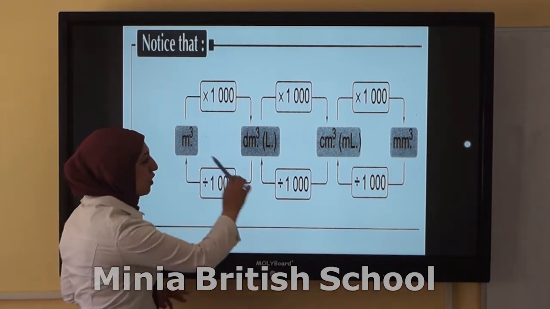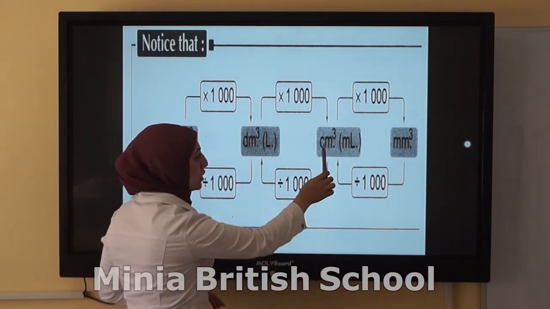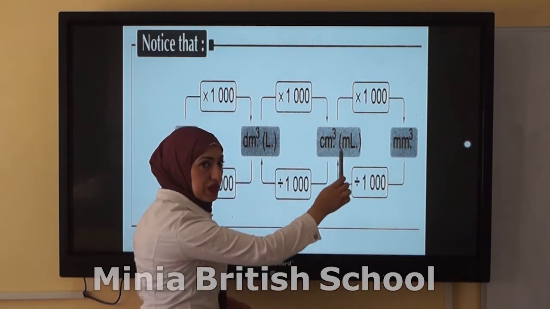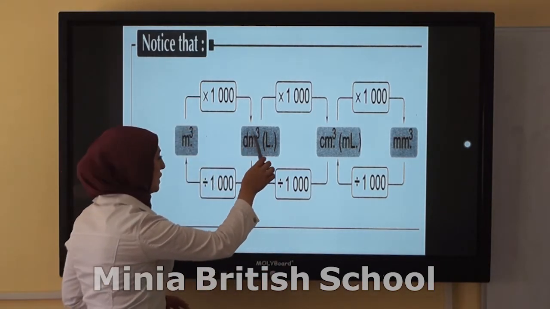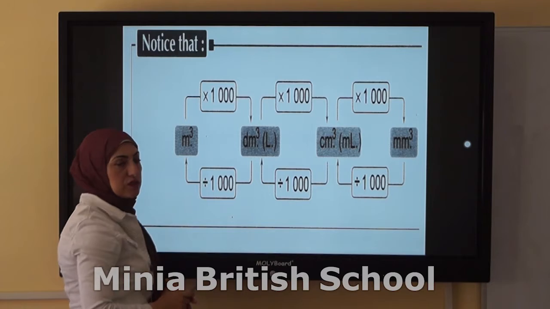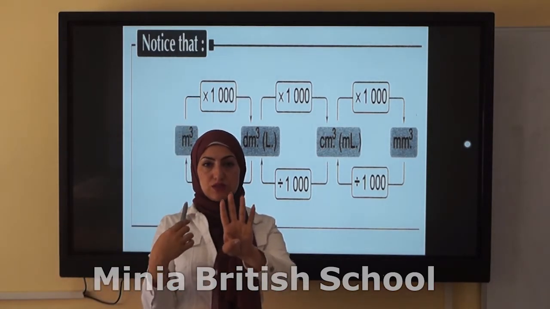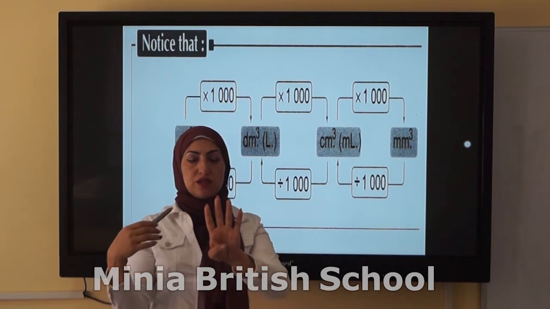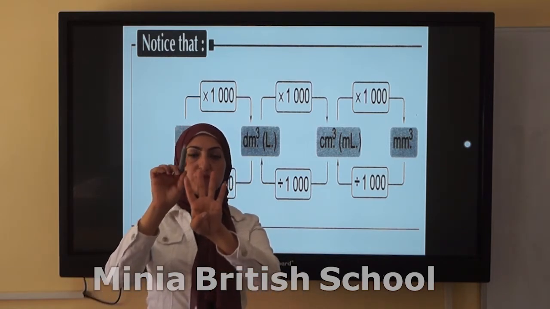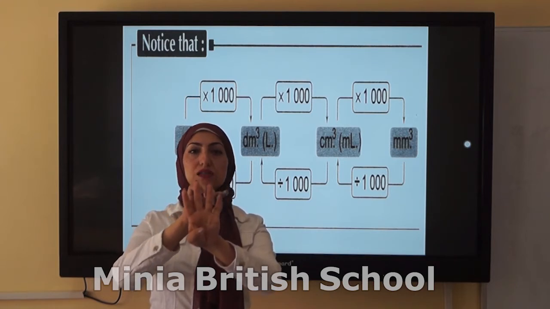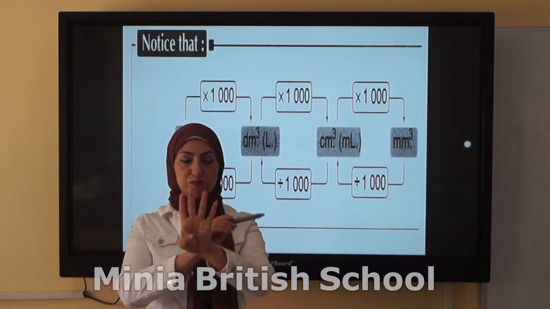Here we have, from the smallest, cubic millimeter, then cubic centimeter or milliliter, it's the same, then cubic decimeter or liter, then cubic meter. As in the last lessons, we have meter, decimeter, centimeter, and millimeter, which have not changed in this lesson.